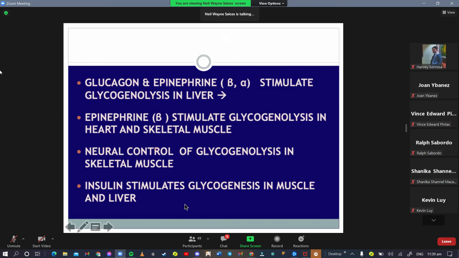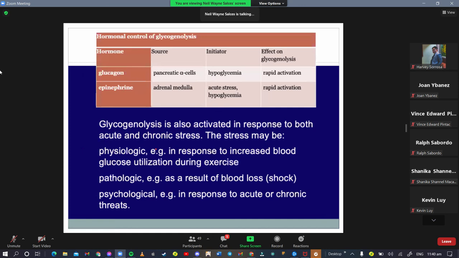And there is a neural control that is involved in glycogenolysis, especially in skeletal muscle. And your insulin is responsible for the stimulation of your glycogenesis in both the muscle and the liver. So that's basically the gist of the regulation, no?